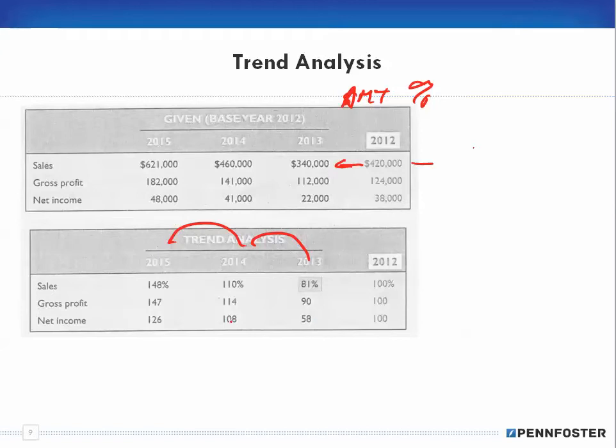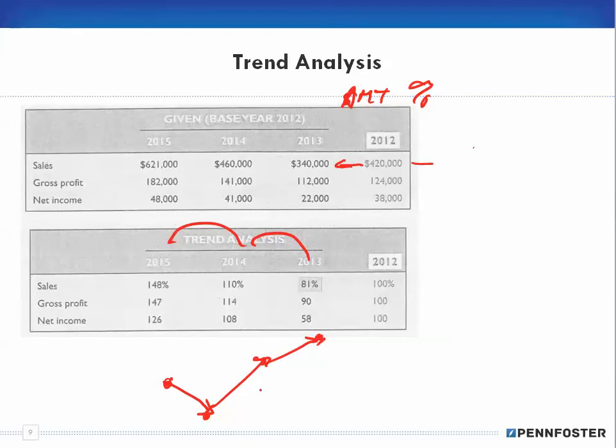But then in the next year it went up to 108, and then the next year it went up to 126. So if I had a chart, I'd be here at 2012, and down in 2013, and in 2014 it would have gone up, and in 2015 it would have gone up again.